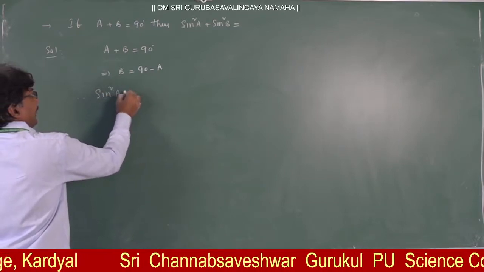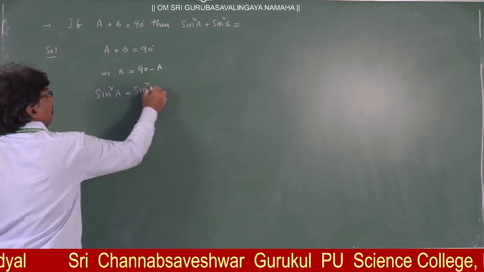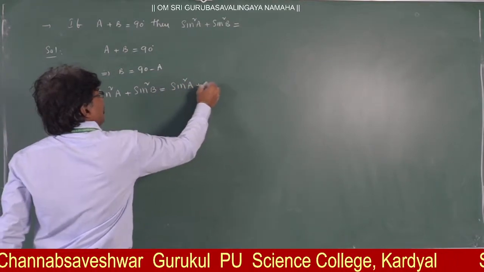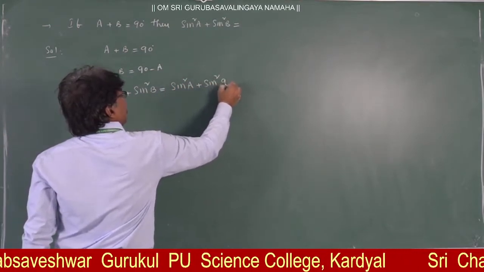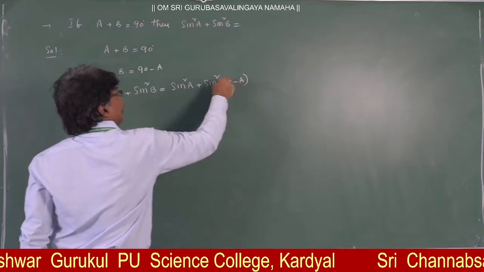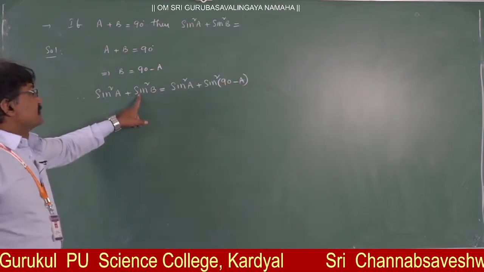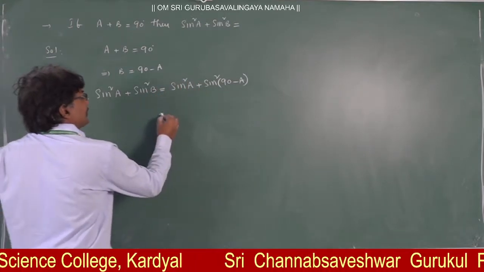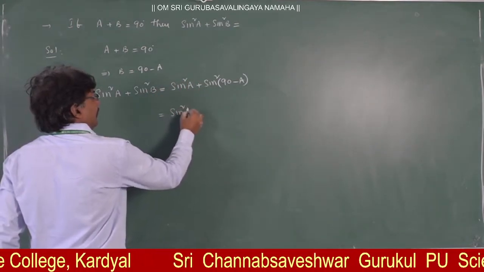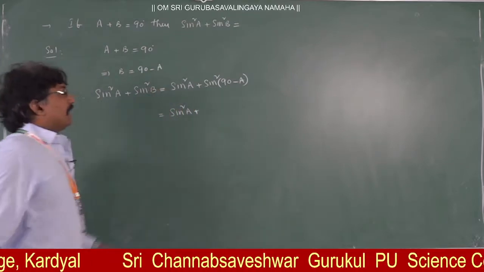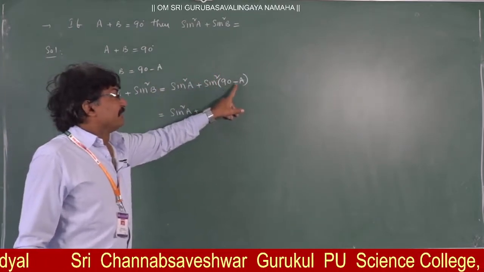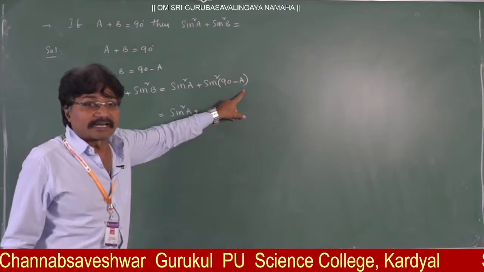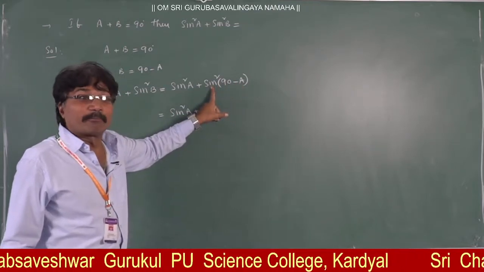Sin square A plus sin square B, that is sin square A plus sin square of 90 minus A. Already explained yesterday: 90 minus theta, theta belongs to the first quadrant, first quadrant sign positive.